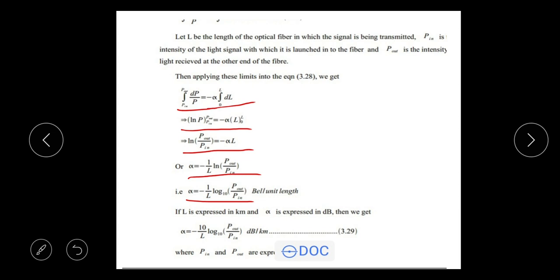If length is expressed in kilometer, then we can write attenuation coefficient alpha is equal to minus 10 by L log to the base 10 P out by P in decibel per kilometer, where P in and P out are expressed in watt. This is the expression for attenuation coefficient.